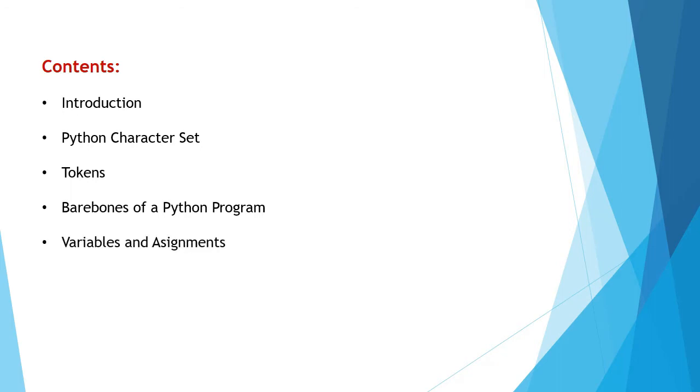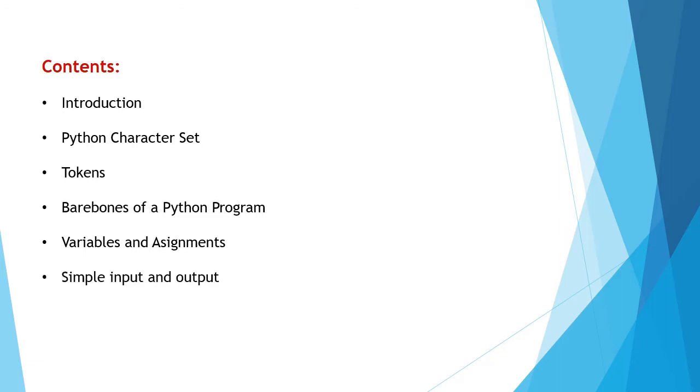Next we'll discuss variables and assignments: the different types of variables we can produce in a Python program, how variables can be assigned in memory, and how to use them whenever required.